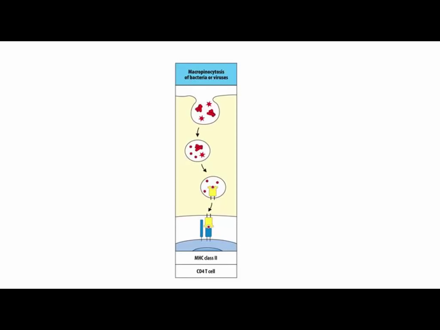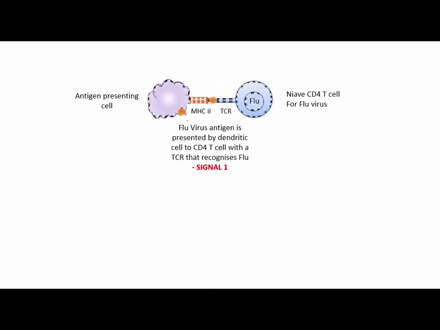Does that make sense? Because those virus particles are outside the cell, the dendritic cell takes them up and presents them on MHC2, because the dendritic cell sees it as exogenous, antigen that exists outside the cell. It presents it on MHC2, which is useful because we need to activate CD4 T cells.